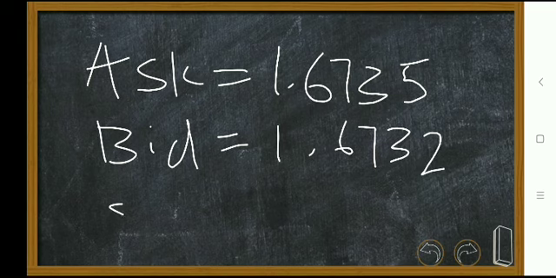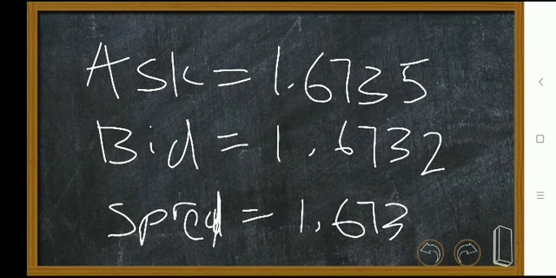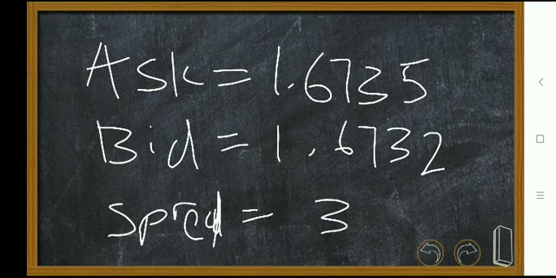Your spread will be the difference between the two. You will subtract. So your spread will be 1.67. Sorry for that. The spread is not in price. The spread is in pips. So the spread is 3 pips.